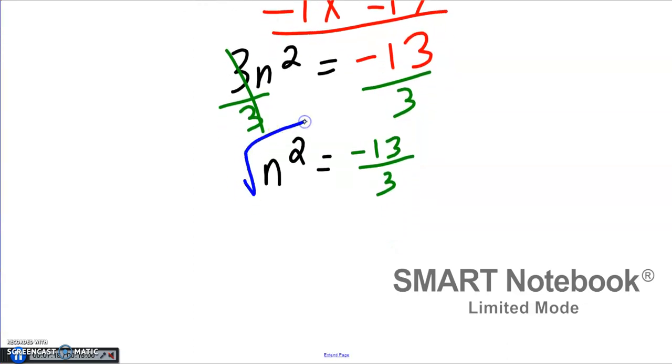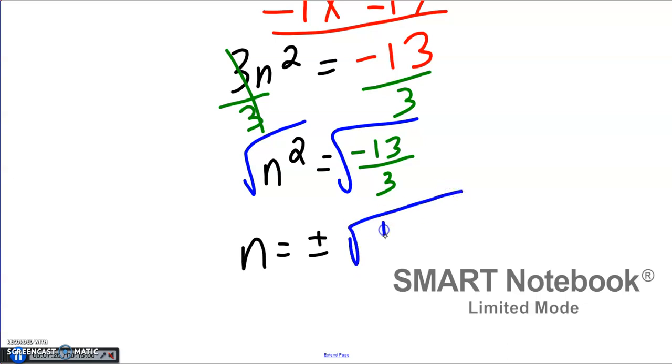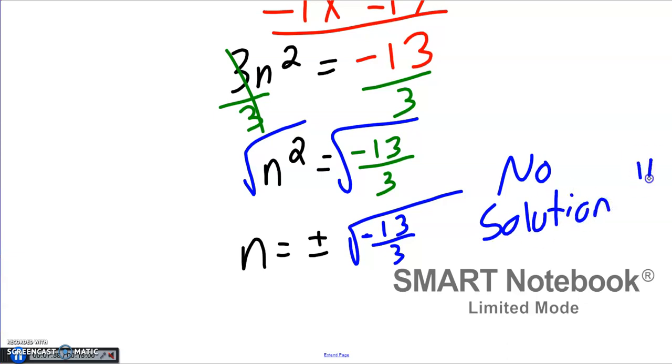And now we take the square root, and then we're going to see, hey, n is equal to plus or minus the square root of negative 13 over 3. For our purposes, this is going to yield a no solution. And that's because we cannot have a negative in the radical.